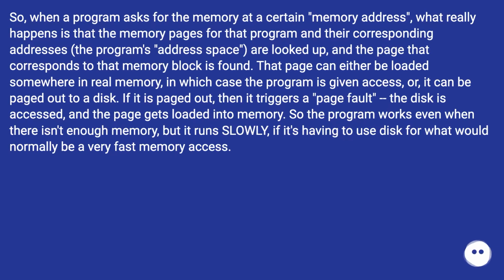That page can either be loaded somewhere in real memory, in which case the program is given access, or it can be paged out to a disk. If it is paged out, then it triggers a page fault. The disk is accessed, and the page gets loaded into memory. So the program works even when there isn't enough memory, but it runs slowly if it's having to use disk for what would normally be a very fast memory access.